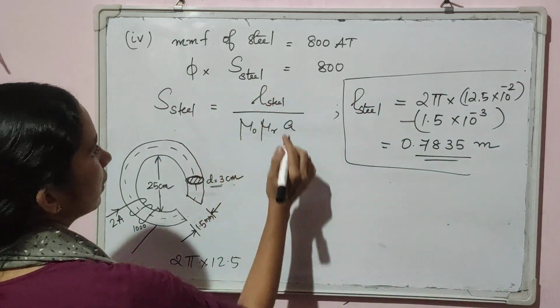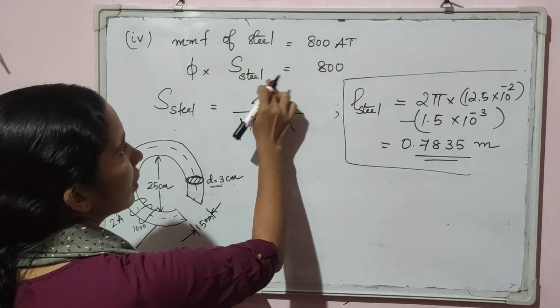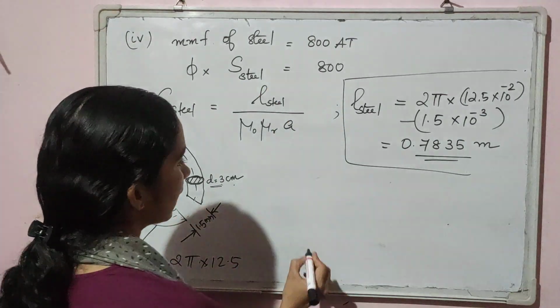Now we have phi into reluctance of steel is equal to 800 ampere turns.